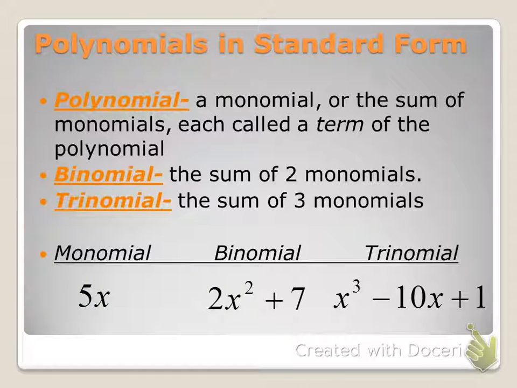There probably is a fancy word for it, I don't know what it is. Octanomial, maybe. There are fancy words for 4 and 5, but they get more technical and we don't talk about those till Algebra 2. The ones you definitely need to know are binomial and trinomial.